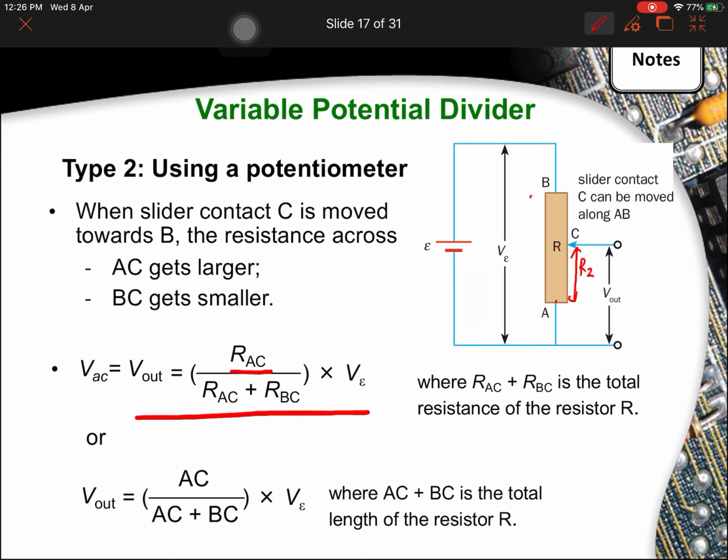And then this part here is the resistance for R1, which we'll call RBC because that's the length from B to C. It's the same formula, but since resistance is proportional to length, I can change this equation to use a ratio of length instead of resistance. So length AC to the total length of the wire.